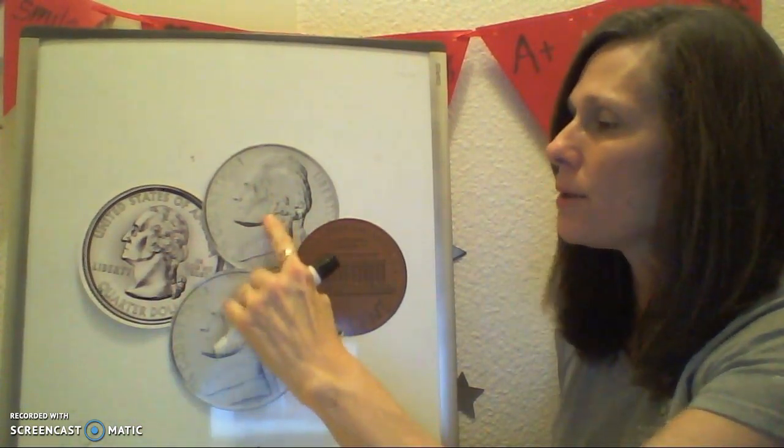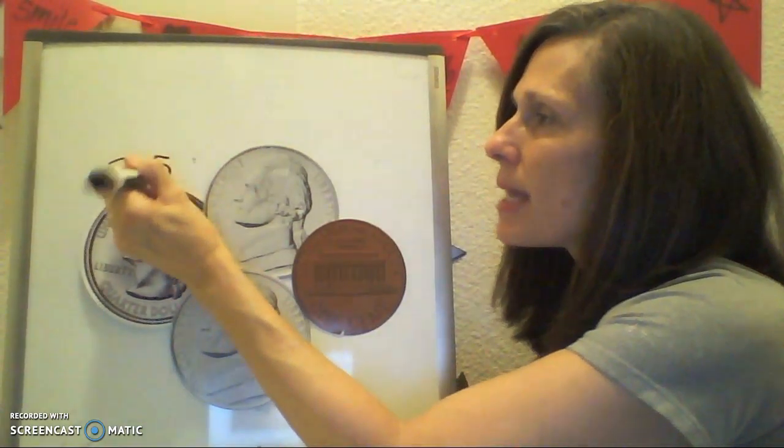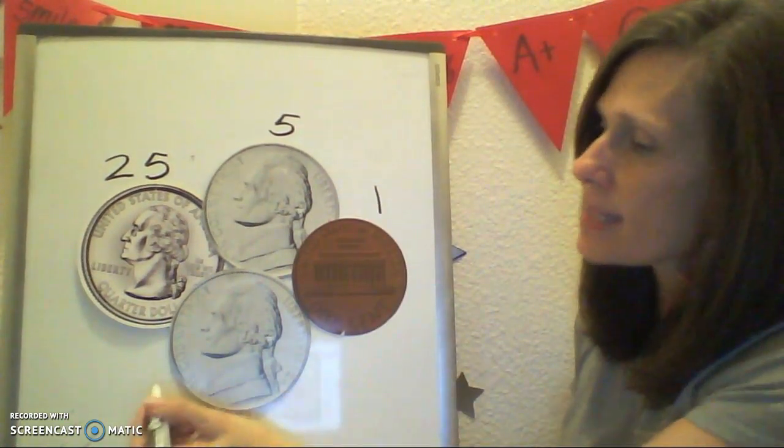So the first thing, remember, that we're going to do is identify our coins. So I would say quarter, nickel, nickel, penny. Then the next thing that I would do is name the value. So a quarter is worth 25 cents, a nickel is worth 5 cents, a penny is worth 1 cent, and a nickel is worth 5 cents.